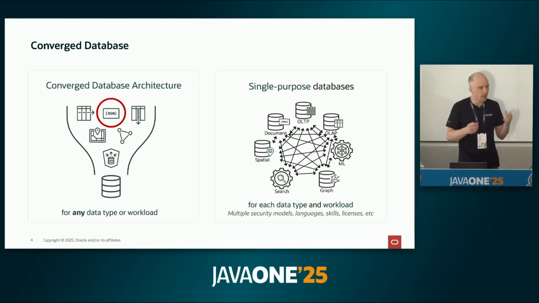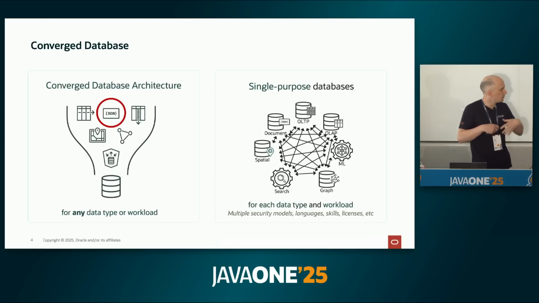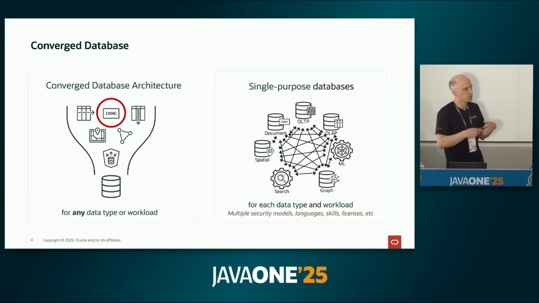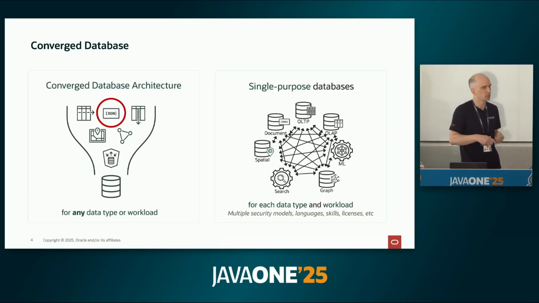If you Google Amazon and databases and get to their marketing page on databases, their messaging is like use the right tool for the right job, which can sound good and be convincing. But we believe that the reality for non-trivial systems is that it leads to systems that are complex and expensive. You'll have ETL processes, multiple licenses, security models, and things like that.